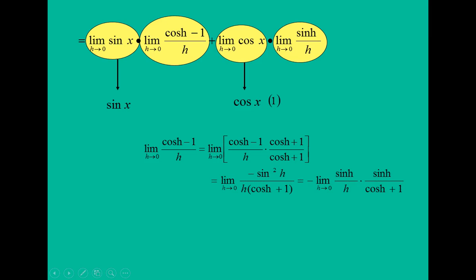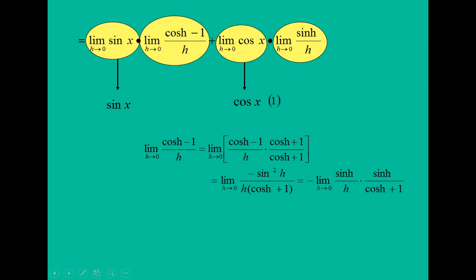Now, in the numerator, we would get cosine squared h minus 1. And if you use the rule sine squared x plus cosine squared x equals 1 and manipulate that algebraically, you would see cosine squared h minus 1 is equivalent to negative sine squared h.